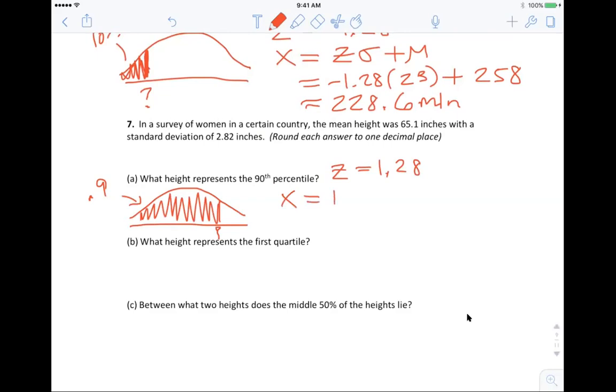It's going to be the z-score times the sigma, 2.82, plus the mean, 65.1. Okay, if I calculate that, that's about 68.7. Okay.